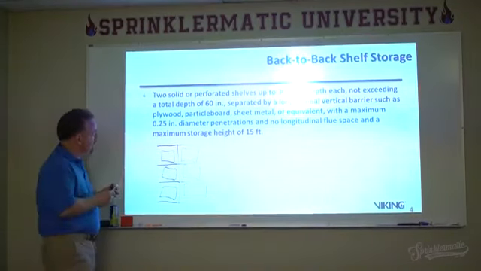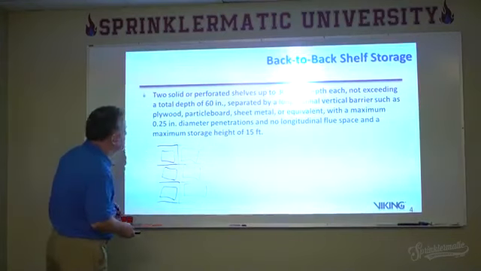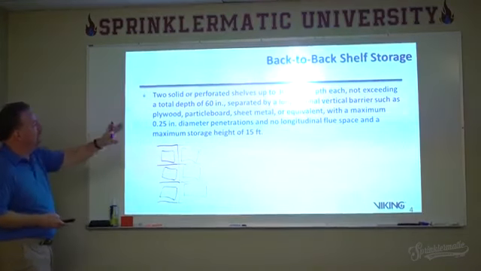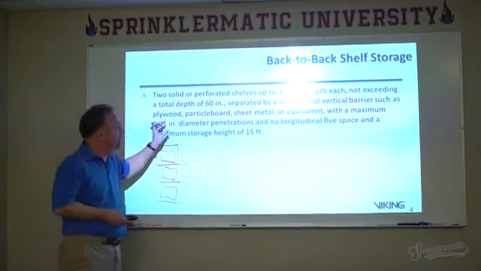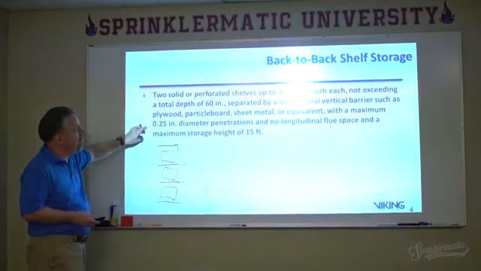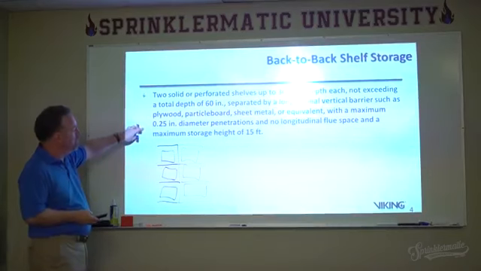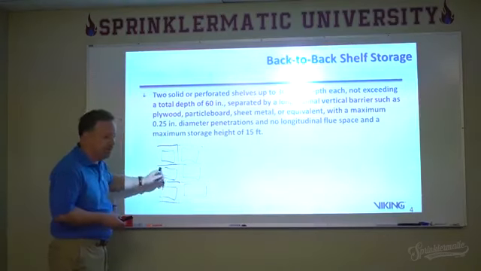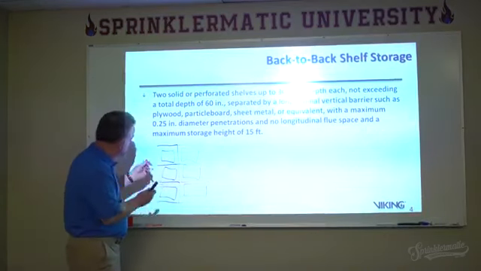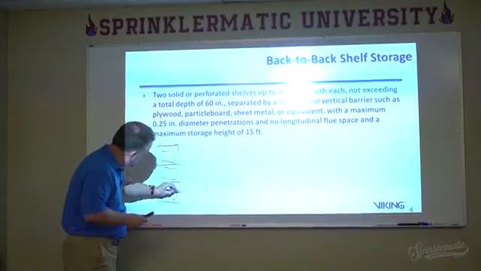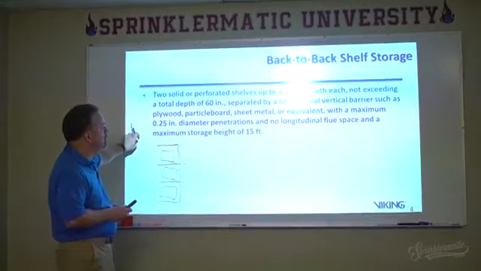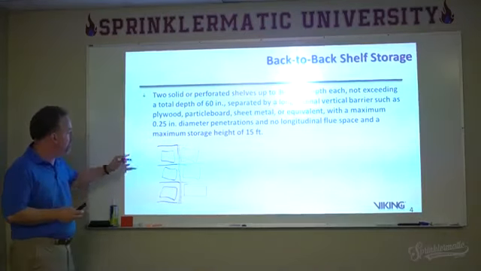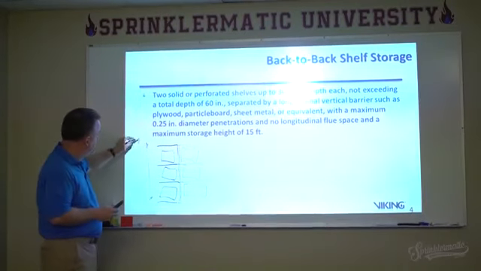Total depth of 60 inches, separated by a longitudinal vertical barrier, such as plywood or particle board. You can have small diameter penetrations in it, but no longitudinal flue space. All right, we have no air in between here. No longitudinal flue space and a maximum storage height of 15 feet.